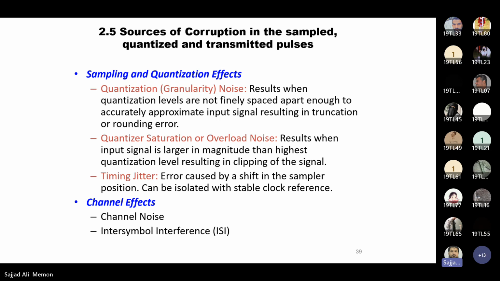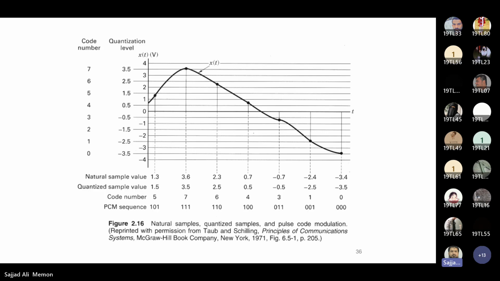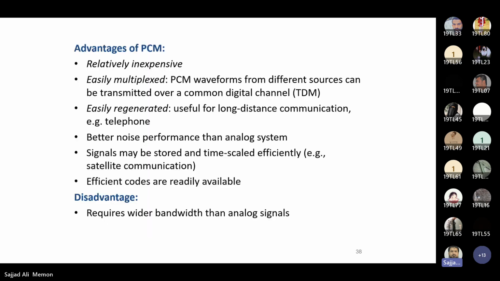As we have seen in the previous figure, the actual sample value, or the natural sample value, is 1.3 and the nearest available quantization value is 1.5. So we have to take this 1.3 as 1.5. This difference is your quantization noise or quantization error.